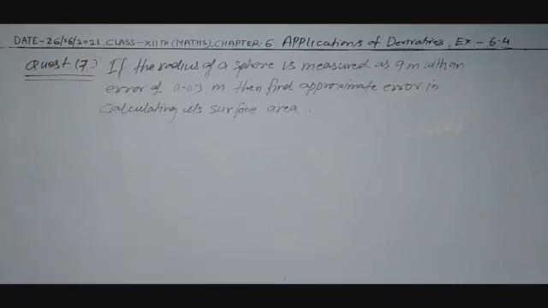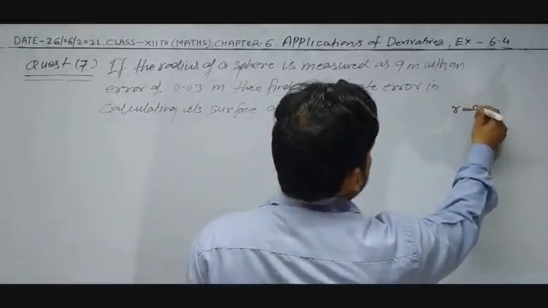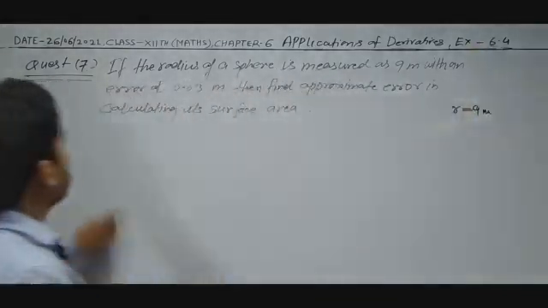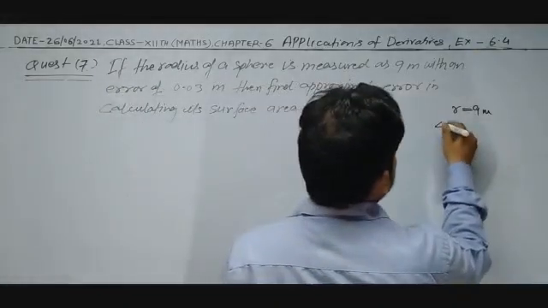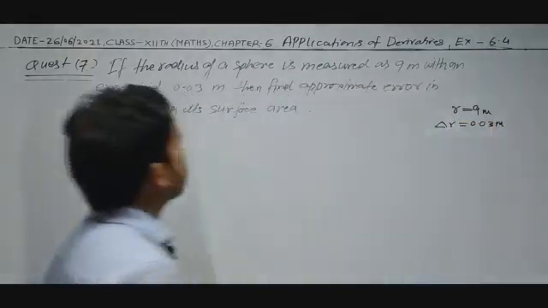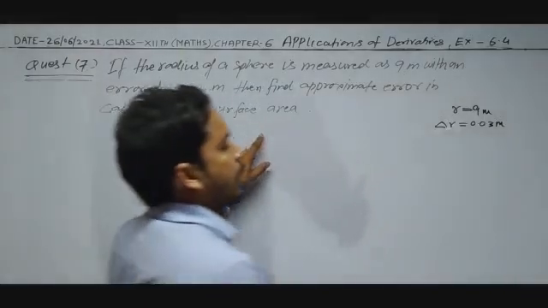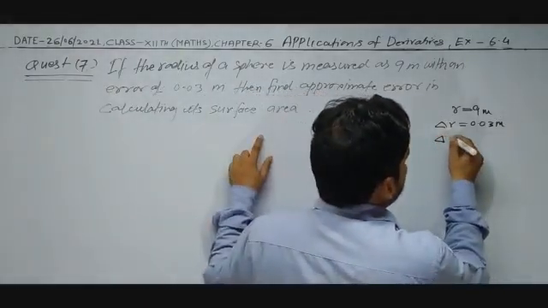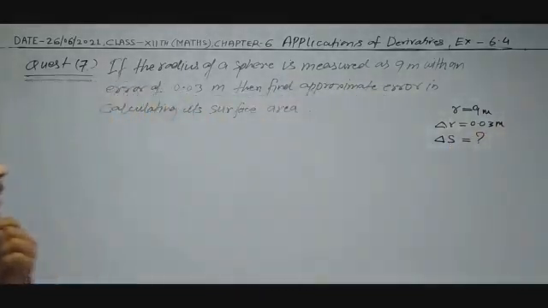If the radius of a sphere is measured as 9 meter, meaning r is equal to 9 meter, with an error of 0.03 meter, meaning del r is 0.03 meter, find the approximate error in calculating its surface area. That means we have to calculate dS equal to question mark.